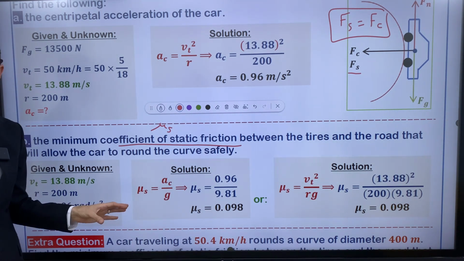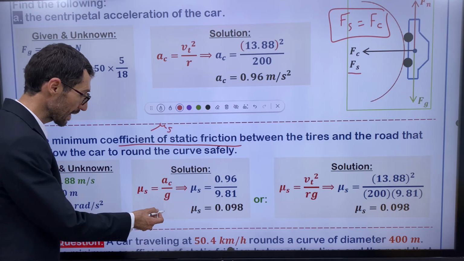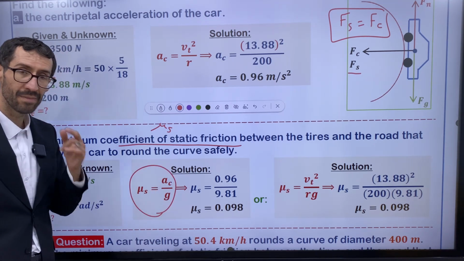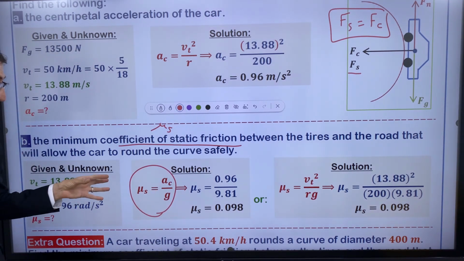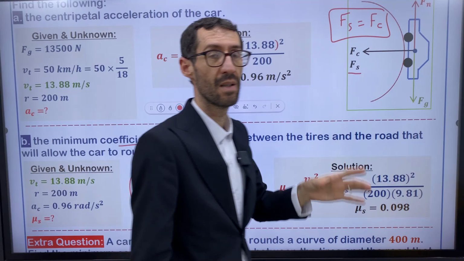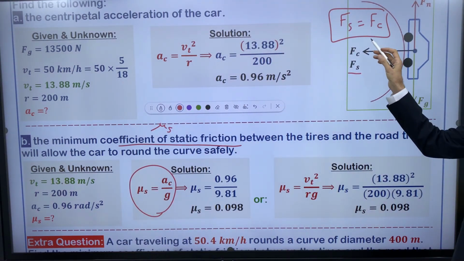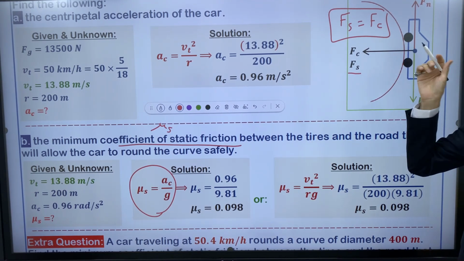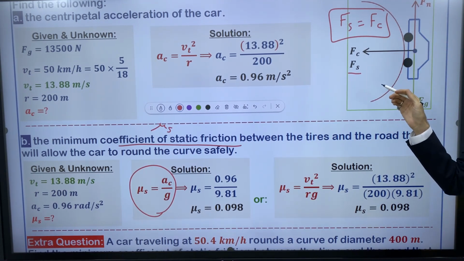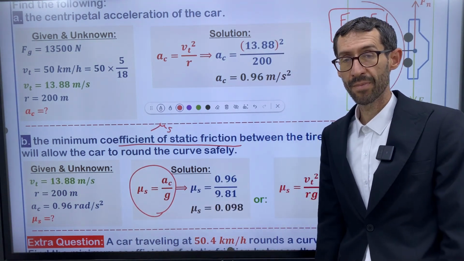Here, guys, I didn't prove the rule for you. I just used the rule directly. I want you to memorize the rule, especially for this case. If the frictional force becomes the centripetal force, mu s becomes AC divided by AG.